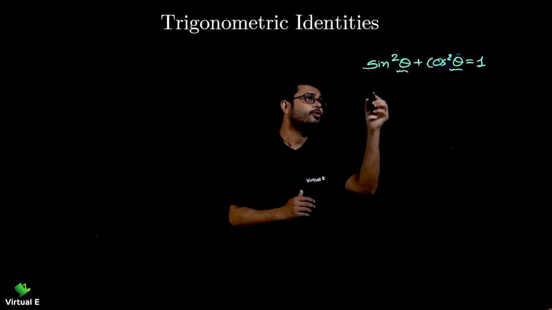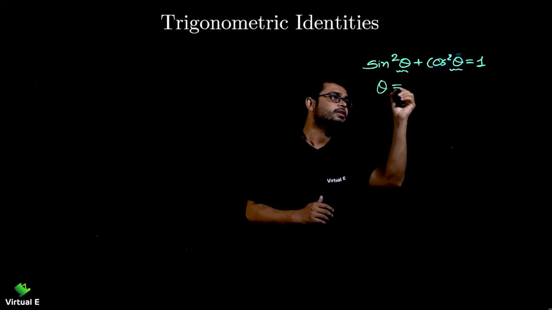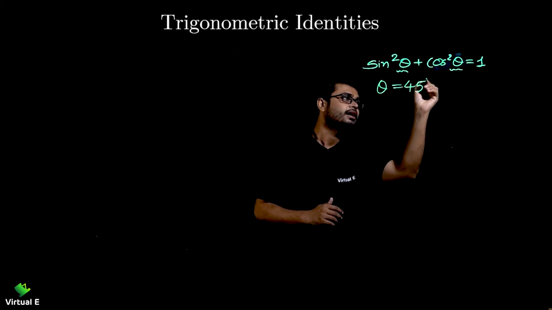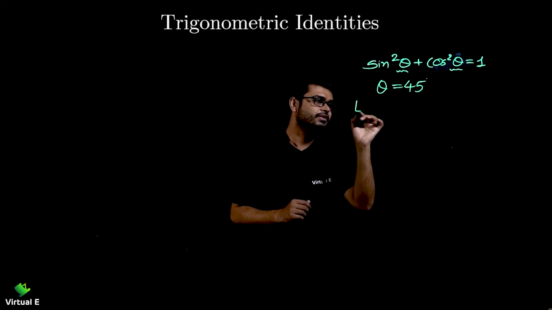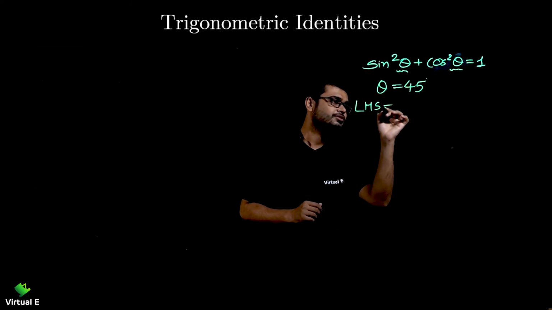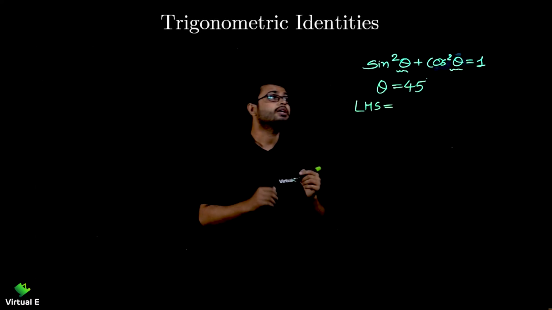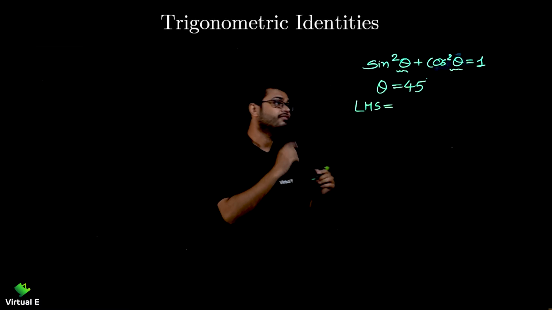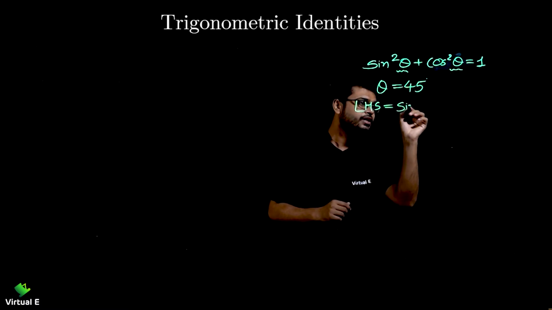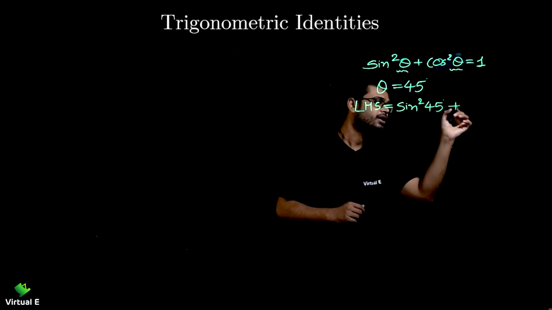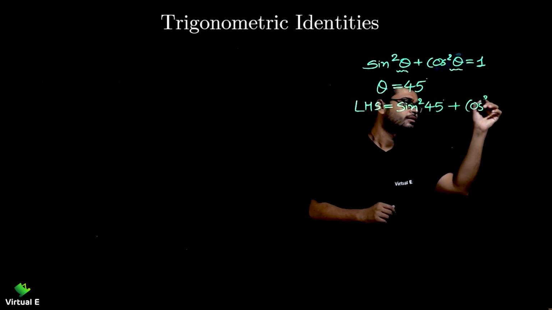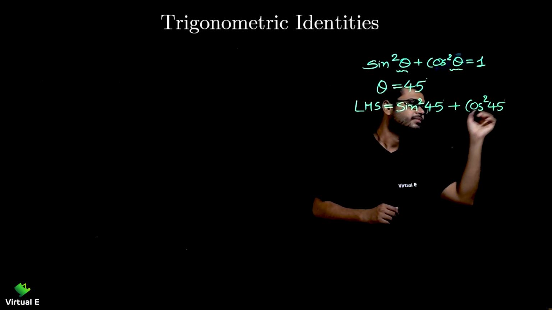Let's start. So I'm going to take theta equal to 45 degree and verify LHS and RHS. Let's start with the LHS: sine square theta plus cos square theta. So I need the value of sine 45, right? So here I will be writing sine square 45 degree plus cos square 45 degree. Simple.